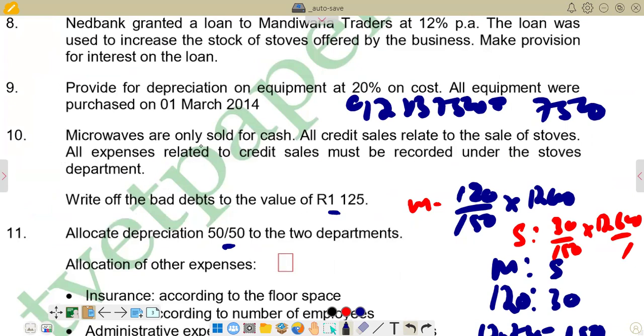It reads microwaves are only sold for cash. All credit sales related to the sale of stoves, or expenses related to credit sales, must be recorded under the stoves department. And the write-off of the bad debts is to the value of 1,125. So obviously it means it's relating to your stoves. So I will go there and say bad debts for stoves 1,125.